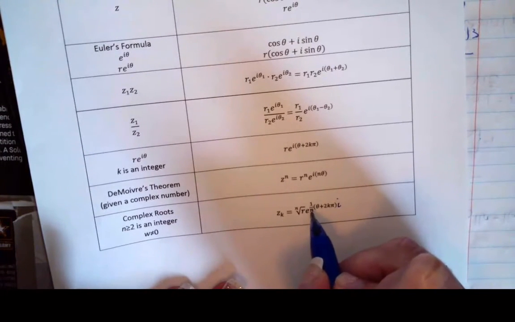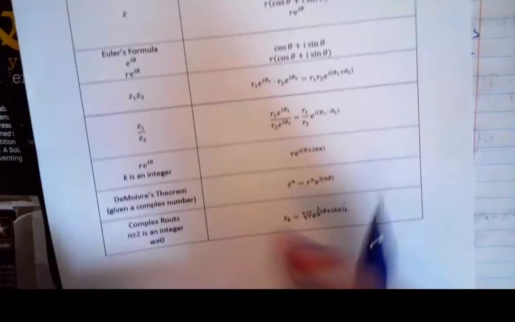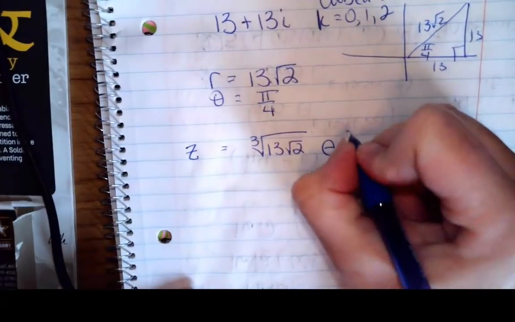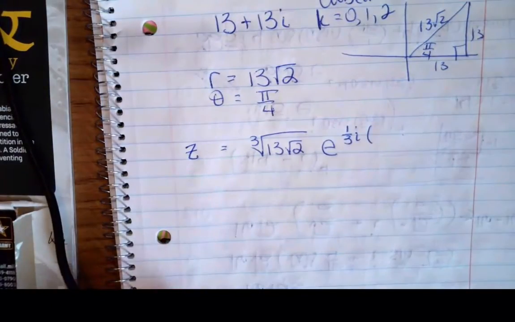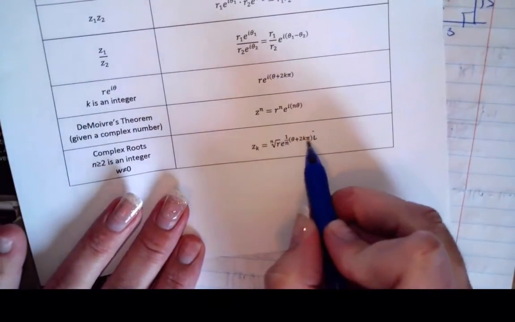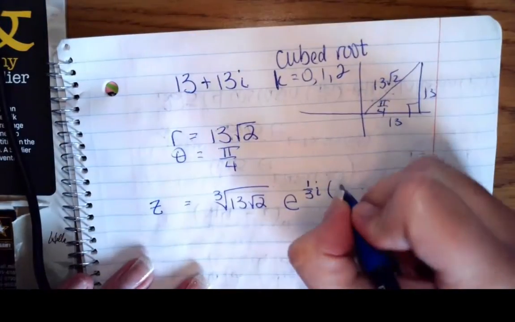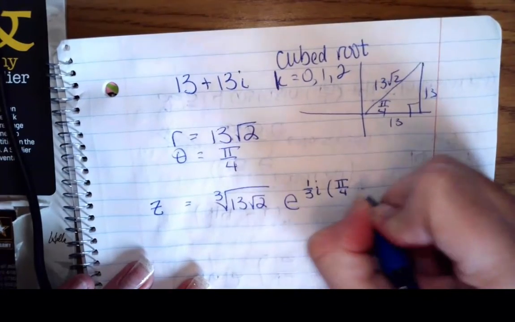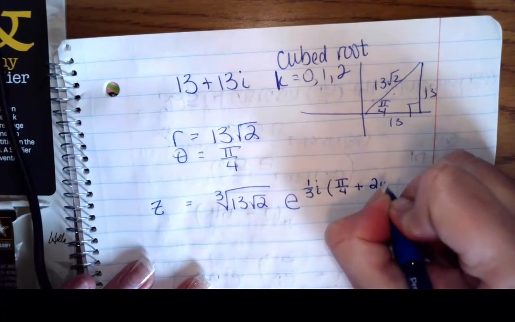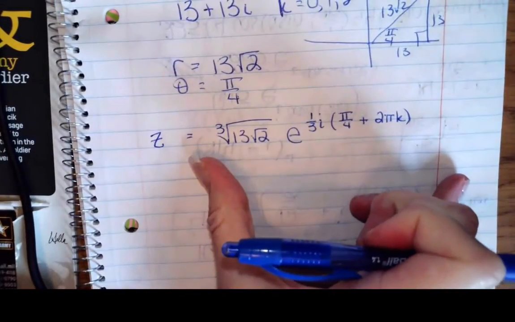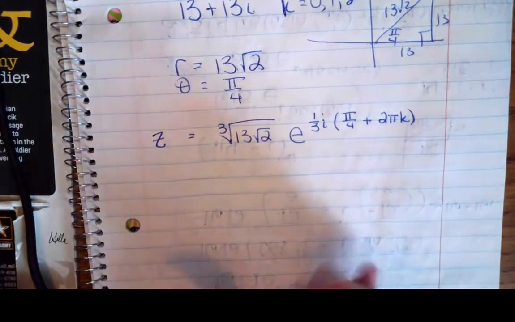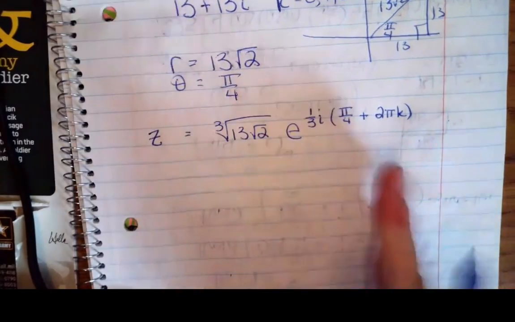A cubed root. So this is going to be 1/3 I. And then I've got my theta plus multiples of 2 pi. So my theta is pi over 4 plus 2 pi k. So I'm going to do this 3 times because I'm finding 3 complex cubed roots.